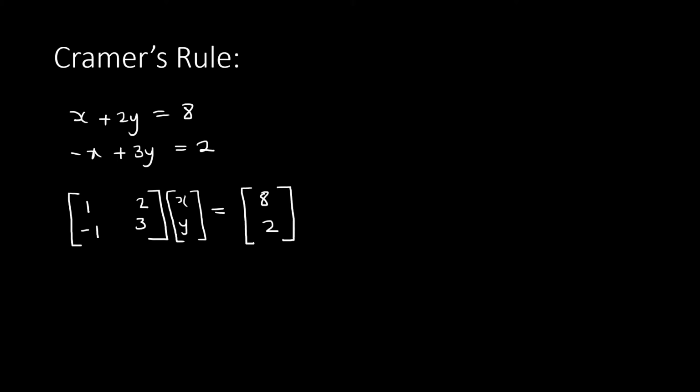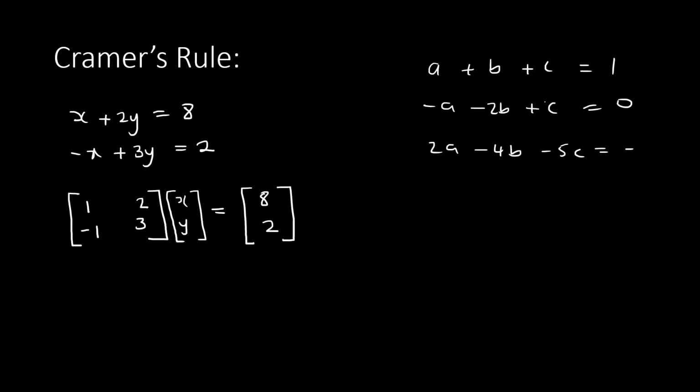So let's say you have 3 variables now. Let's say we have a, b, c. We have a plus b plus c equals 1, minus a minus 2b plus c equals 0, 2a minus 4b minus 5c equals minus 6, for example. So how are you going to express this?